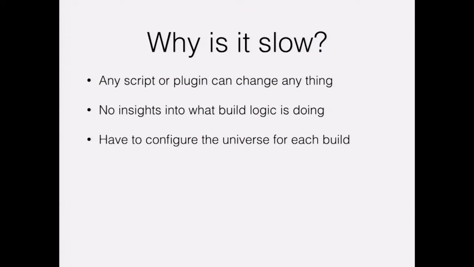It's not just about performance here as well. This lack of insight means that as a human, it's really hard to reason about what's going on once your build logic gets to a certain size. And that size isn't very big. If you've got some core plugins and some community plugins and some enterprise plugins and a build script injecting some stuff and a couple of init scripts over here, there's just stuff coming from everywhere.